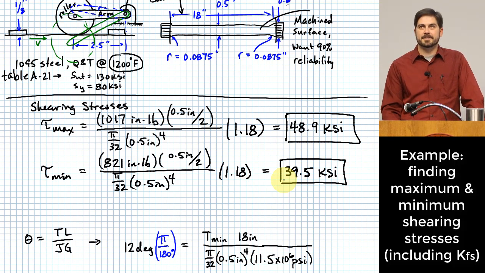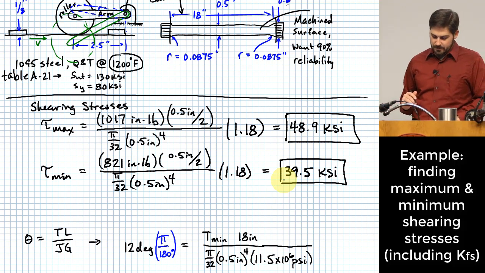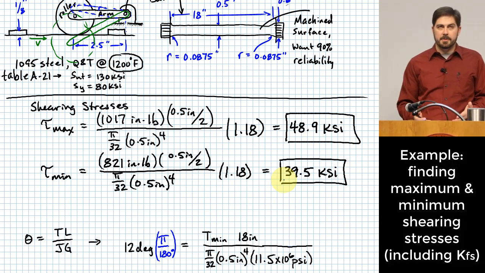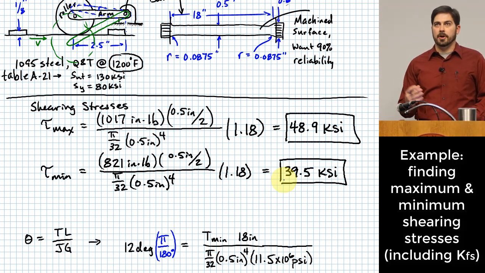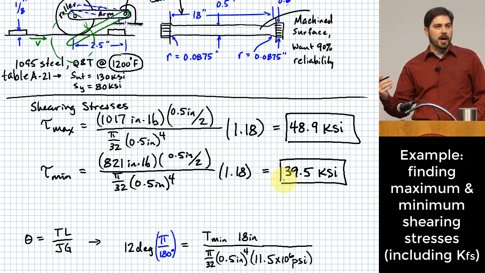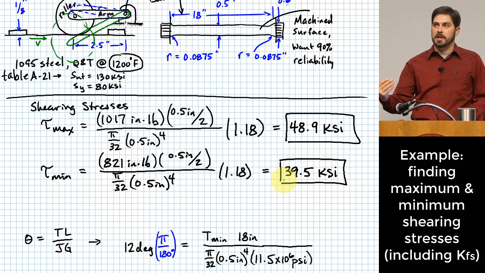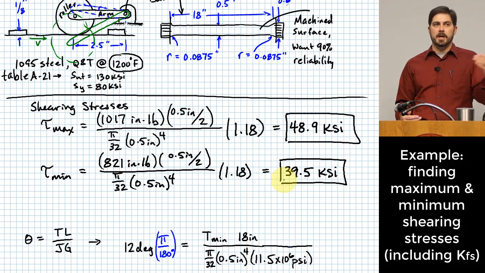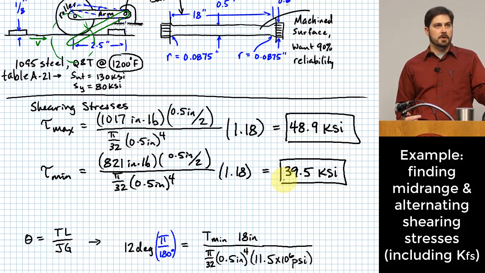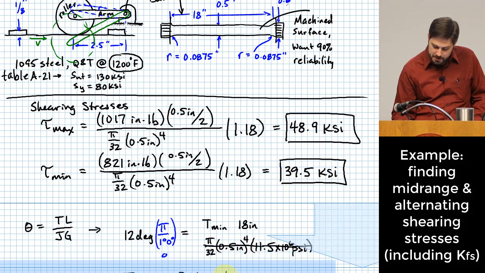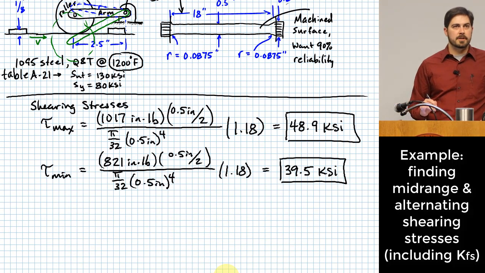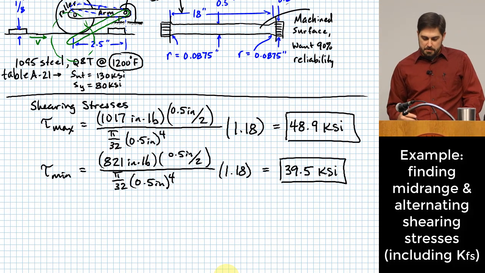All righty, then what? Okay, while we're here talking about these stresses, what we need to plug into our failure criteria are not max and min stresses. We need to plug in mid-range and alternating stresses. So we should go ahead and find the mid-range and alternating stress values associated with these maxes and mins.